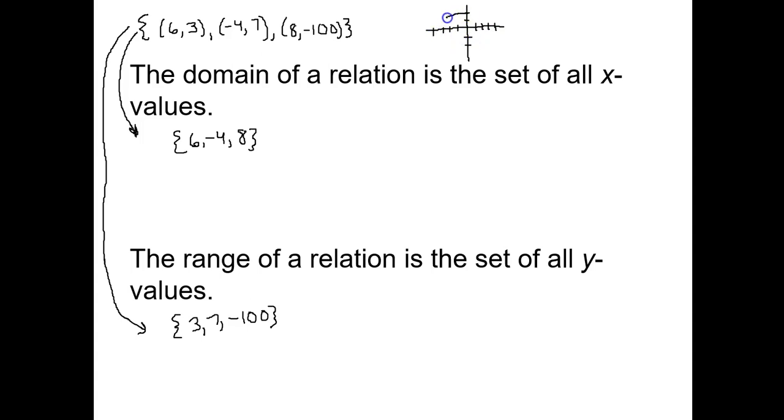Let's say you have an ellipse. Nice and continuous. That's supposed to be smooth. Sorry, I'm not a very good artist. But you've got a relation there because where you drew the ellipse, those are all ordered pairs. They're connected and next to each other, connected smoothly. They're all ordered pairs, so that is a relation.